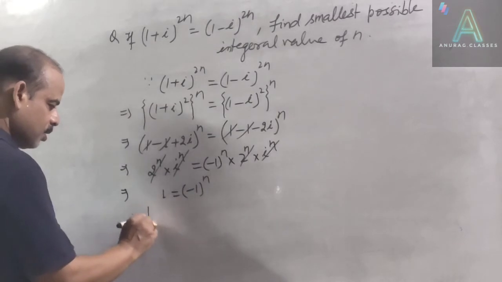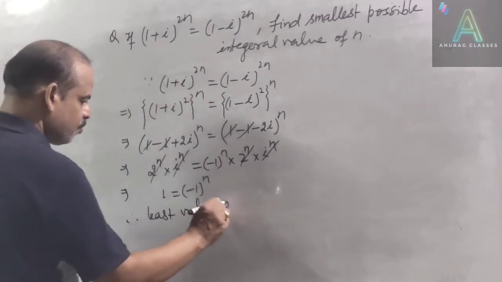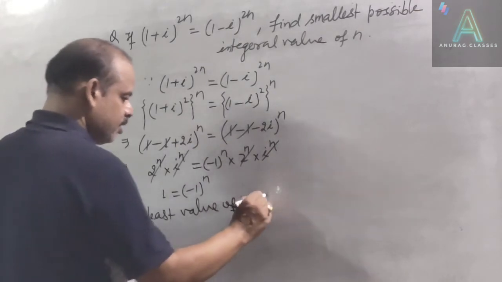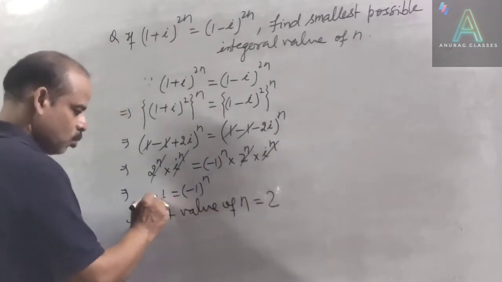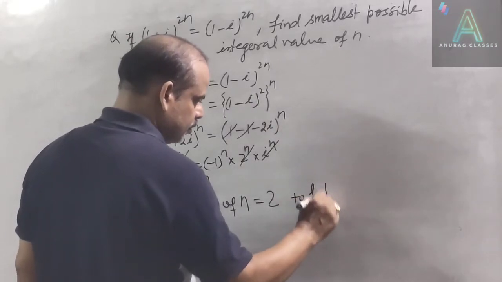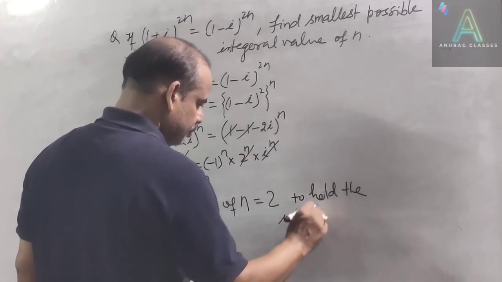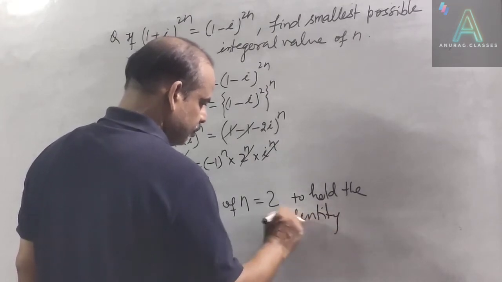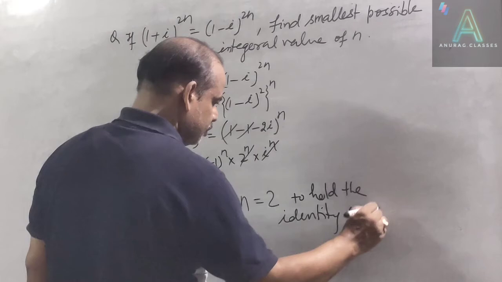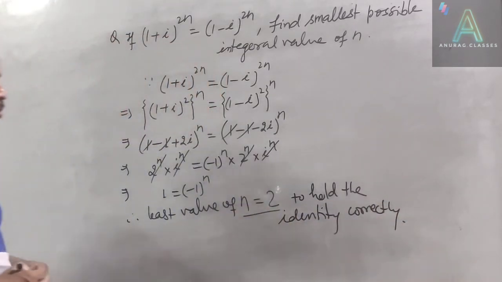Therefore, the least value of n is equal to 2 to hold this identity. So this is the answer, n is equal to 2.